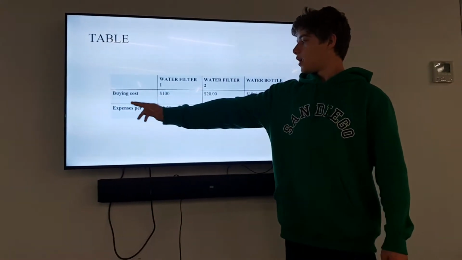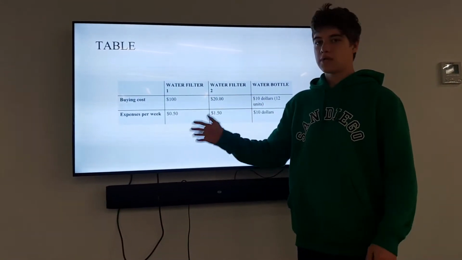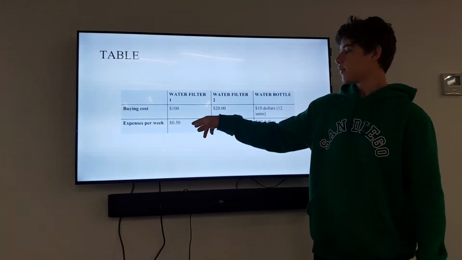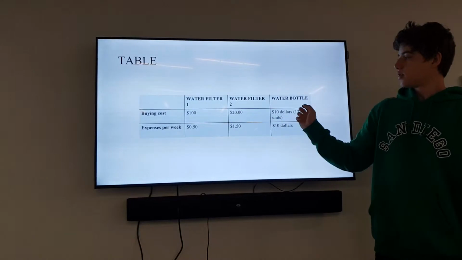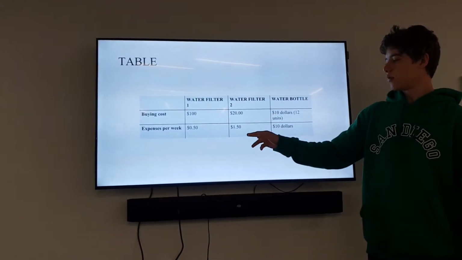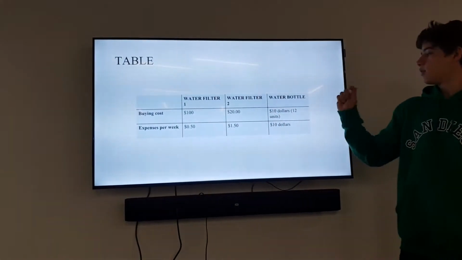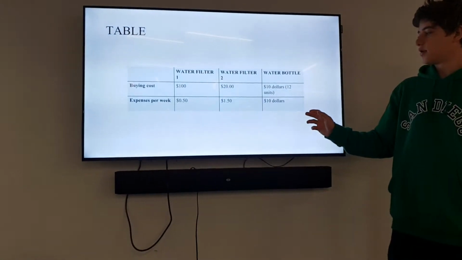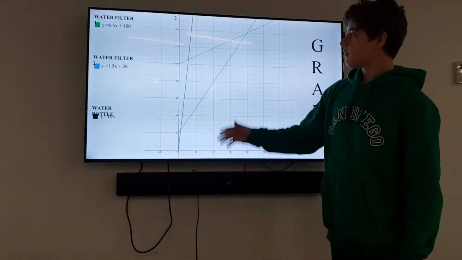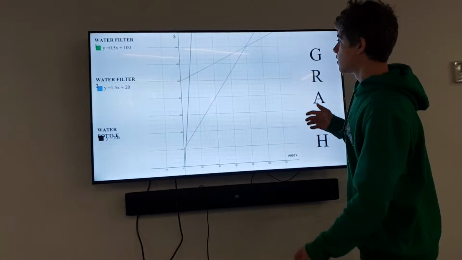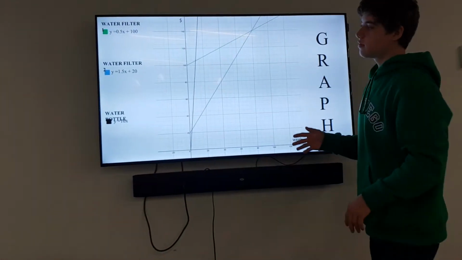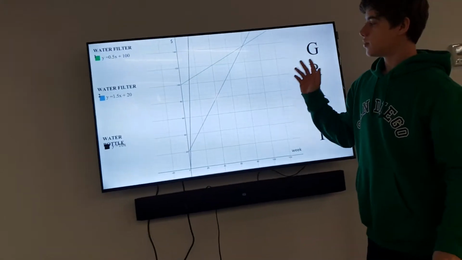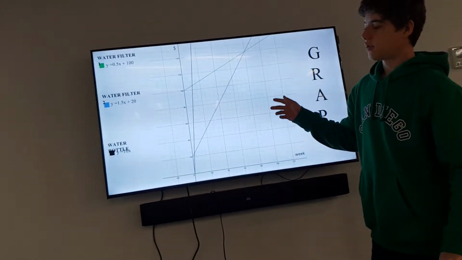The expenses per week is the maintenance cost, so it's $0.5 for the most expensive filter. For filter 2, the cheaper one, it's $1.5 per week, and for the water bottle, it's $10 per week. Here I have a graph which shows the equations for each of the lines, and each line represents a different way to get your pure water.